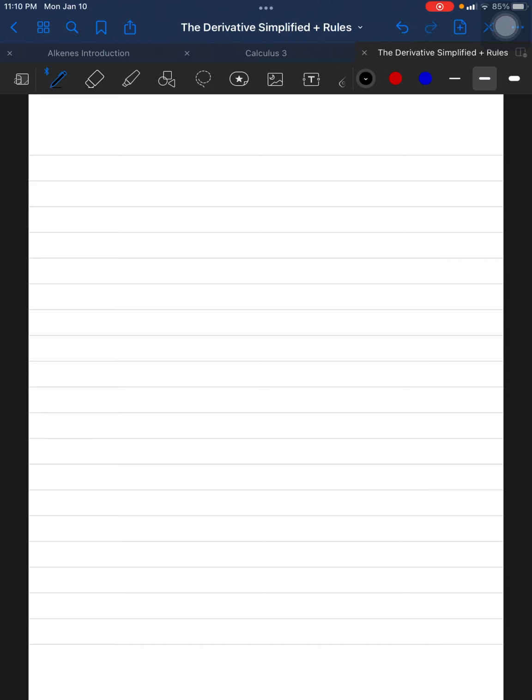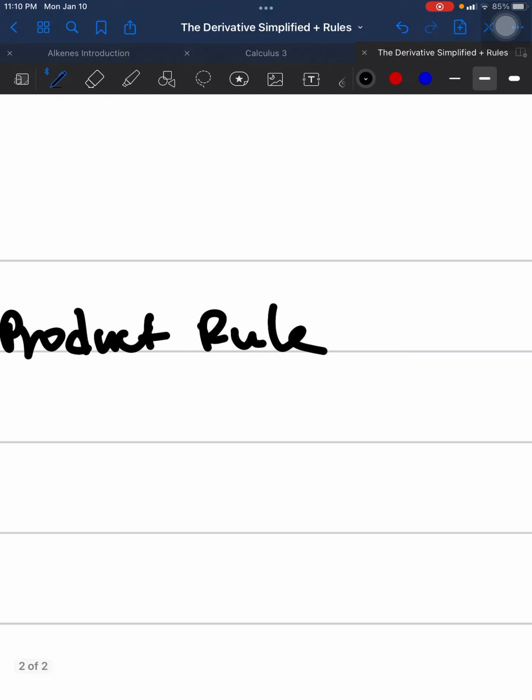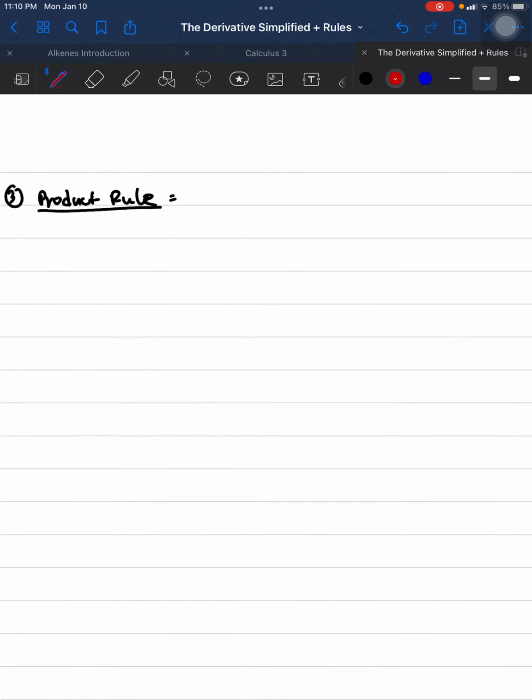Now, the next rule is going to be the product rule. I would consider it more of a property of derivatives, but you could still say it's a rule.